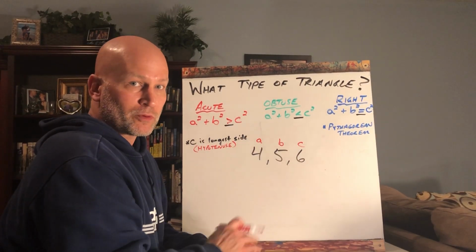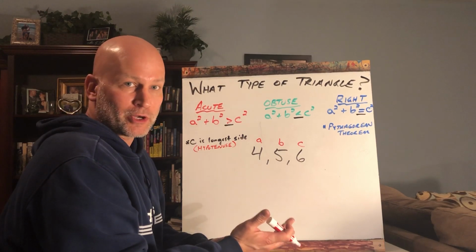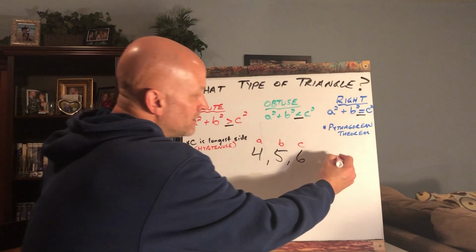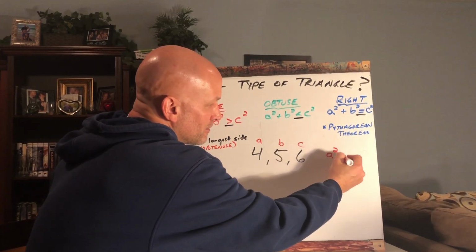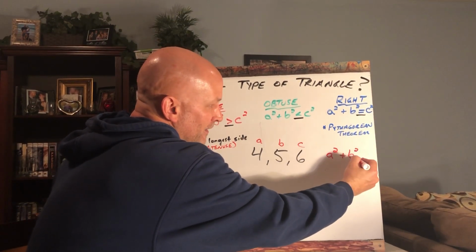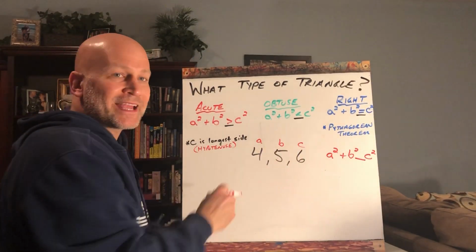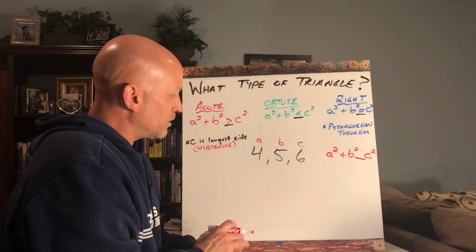So yes, this will form a triangle, but we're trying to determine what type of triangle is formed. So if I use the formula of A squared plus B squared, and then I see how that's related to C squared, then I can determine what type of triangle is formed.